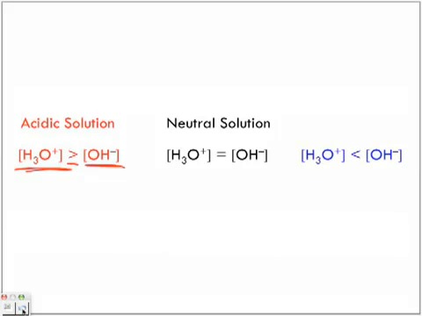Now, if the concentration of the hydronium ion is less than the concentration of the hydroxide ion, we have a basic solution. So please be able to read what that means: concentration of whatever's in the square brackets. And notice here some of the mathematical terms: greater than, equal to, and less than.